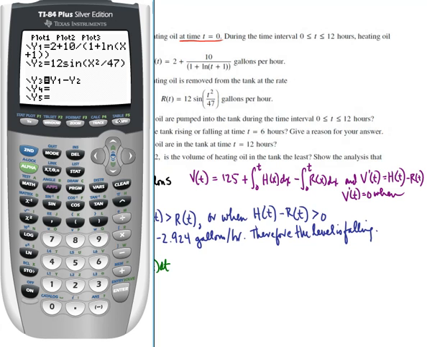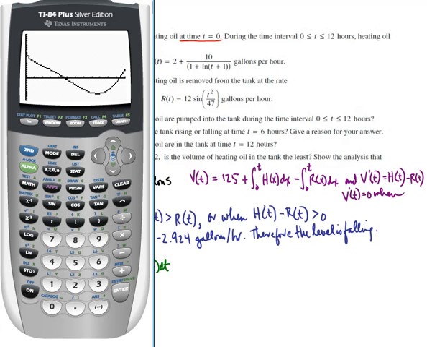If I graph that now with a domain from 0 to 12, you're going to see that V prime of t is positive, which means that oil is increasing in the tank up to this point here, and then it's decreasing after that, and then it changes from decreasing to increasing. So at this point we'll have a relative minimum, and at this point we'll have a relative maximum.